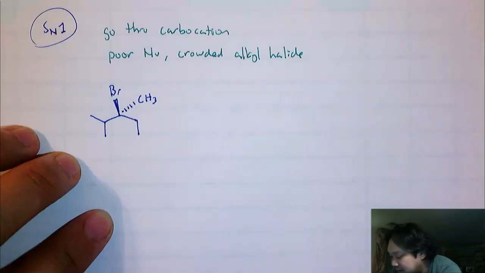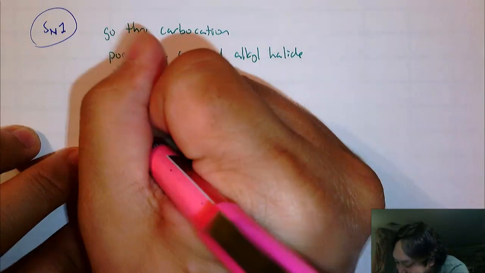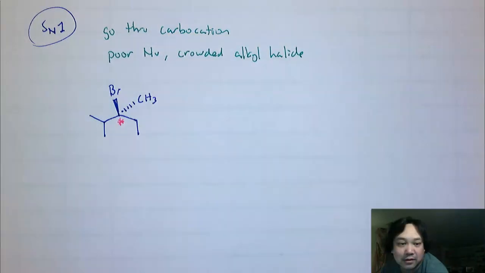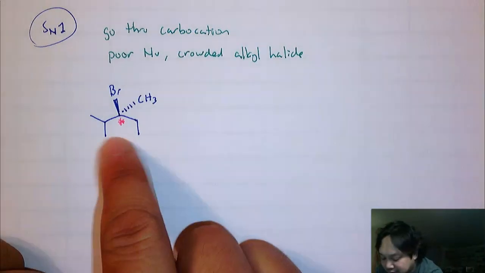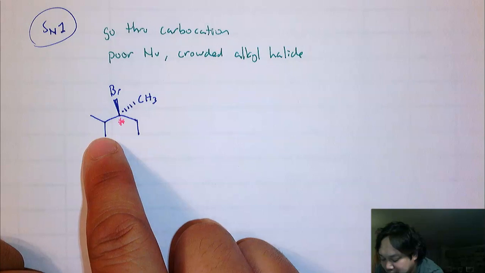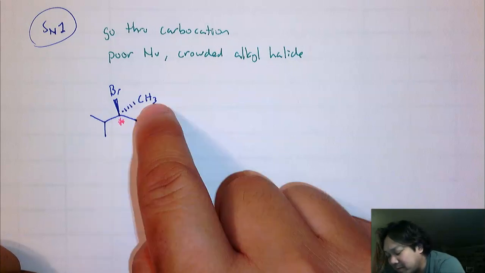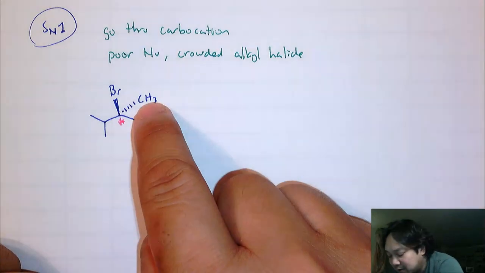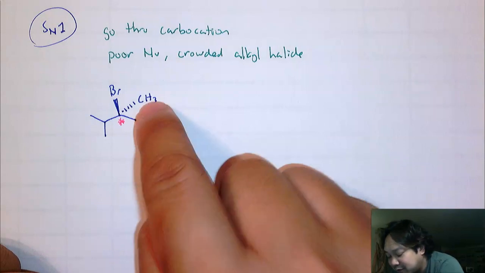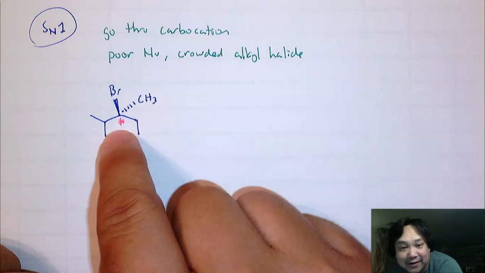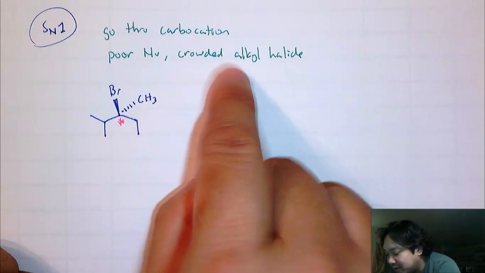So you understand that this carbon actually is a chiral carbon in the center. Okay, and I didn't want to make this a hydrogen because I want it to be tertiary. If this was a hydrogen, then that carbon would be secondary, because I want it very crowded.